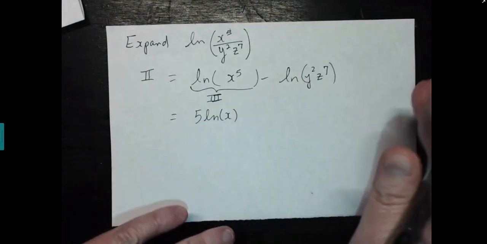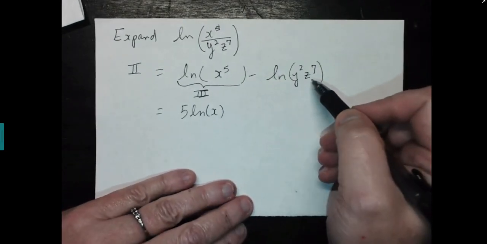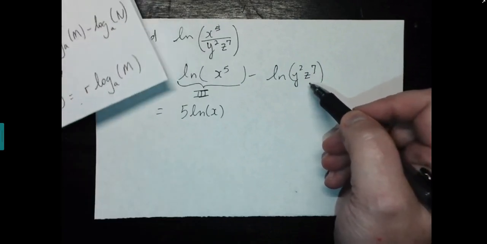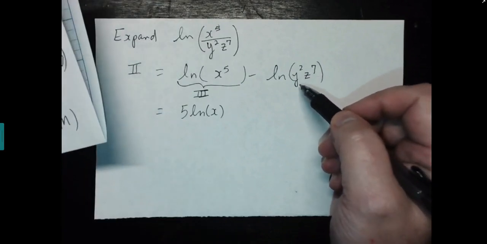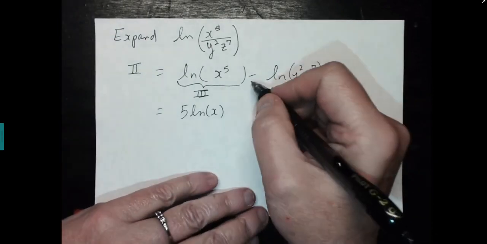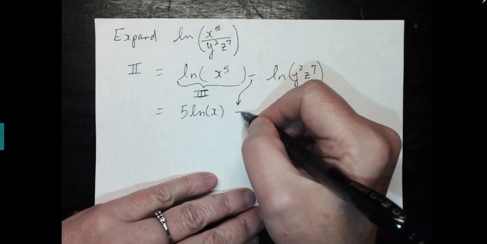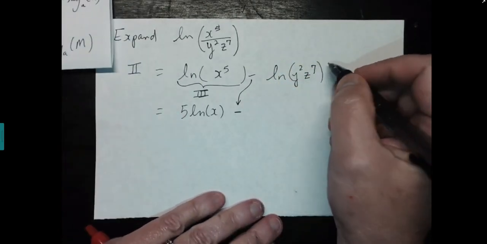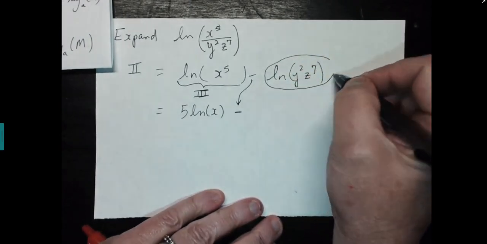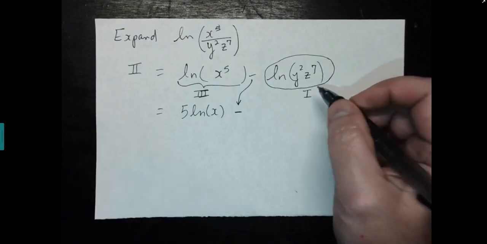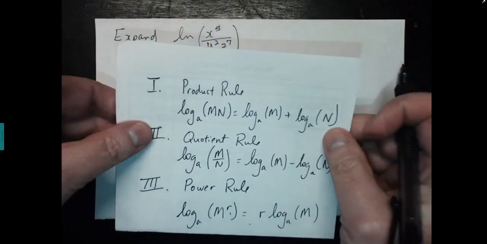All right, now what about this? What I have in here is a product. I'm not going to use rule number 3 here because I don't have everything raised to one power. I'm going to copy this subtraction sign, and using rule number 1, the product rule, I'm going to change this single term into 2 terms.